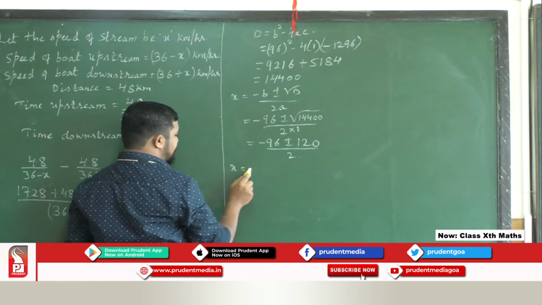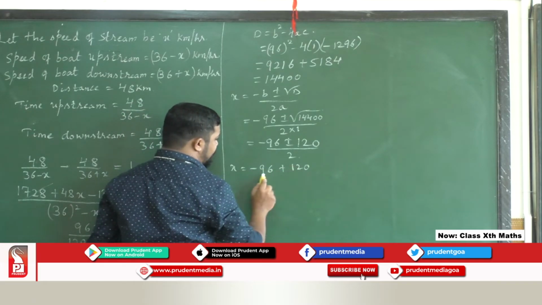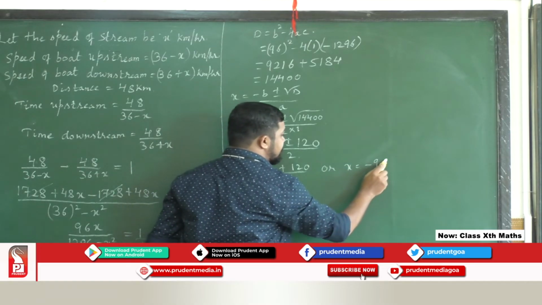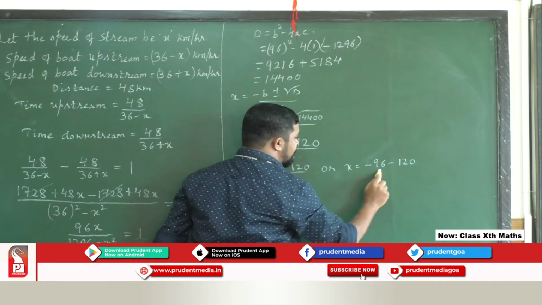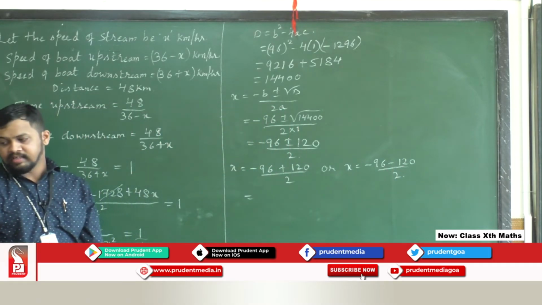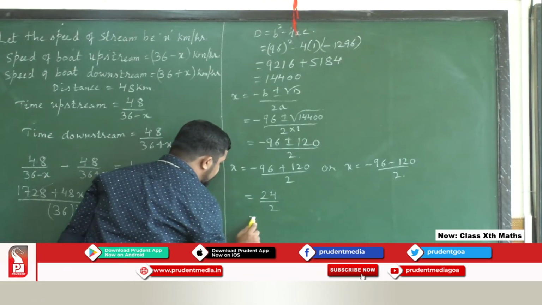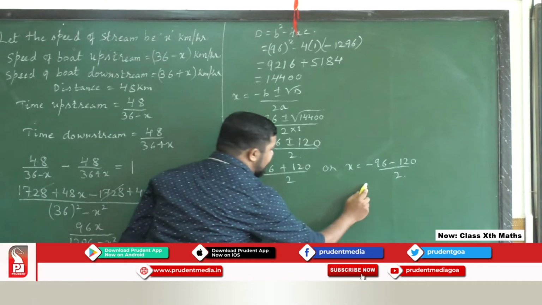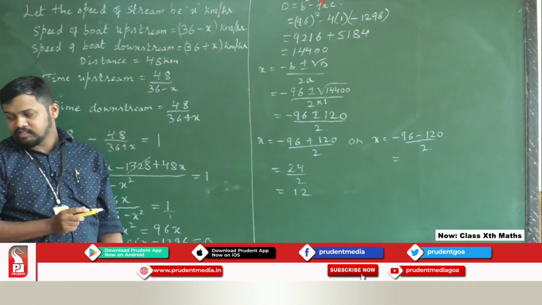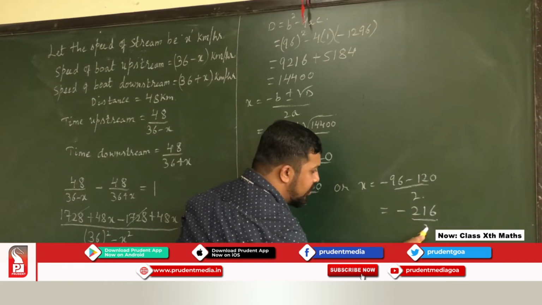So x is minus 96 plus 120 by 2 or minus 96 minus 120 by 2. So 120 minus 96 will give you 24, that is 12, and here minus into minus, 120 plus 96 will be minus 216 by 2.